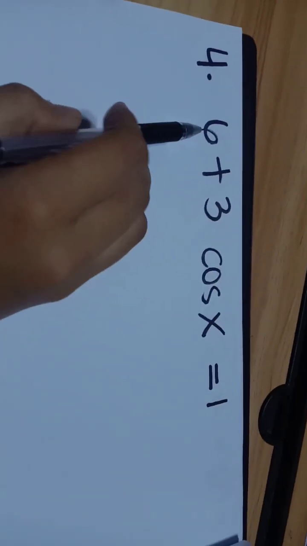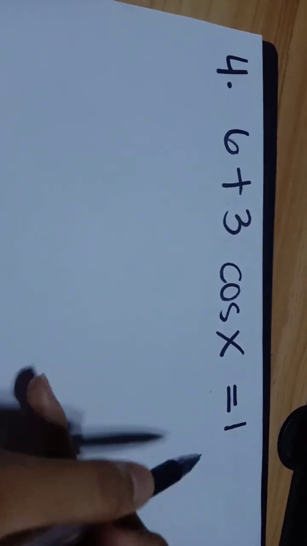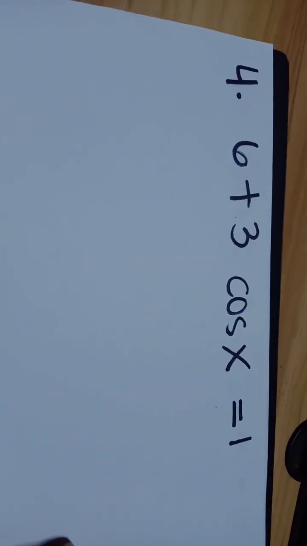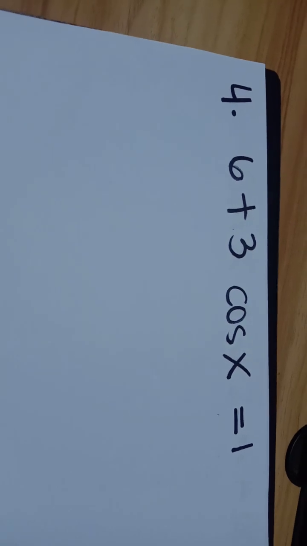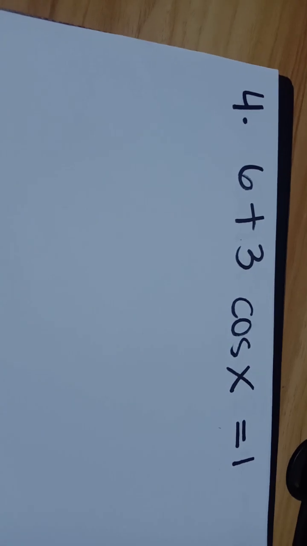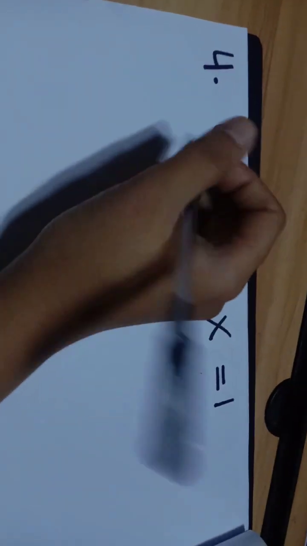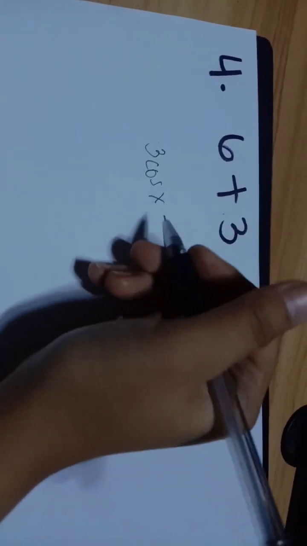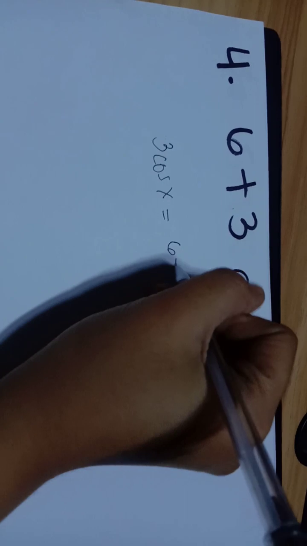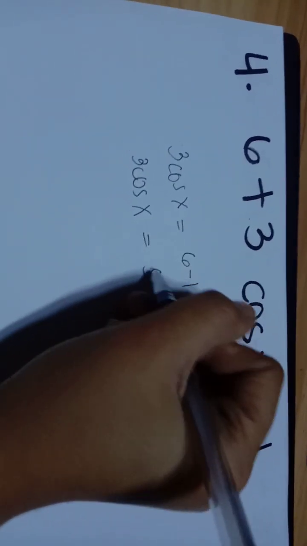Okay. 6 plus 3 cosine x equals 1. You have 2 minutes to answer this. Your timer starts now. Okay, time's up. Let's see if you got the correct answer. 3 cosine x equals 6 minus 1. 3 cosine x equals 5.